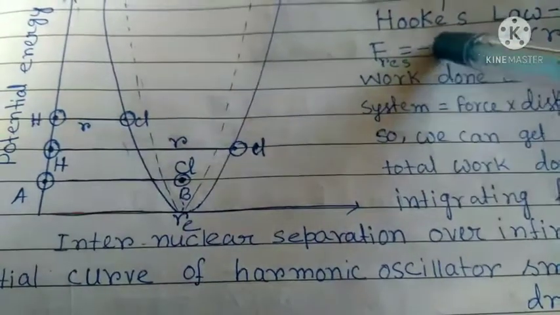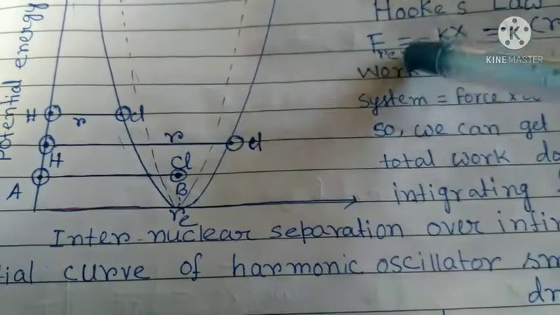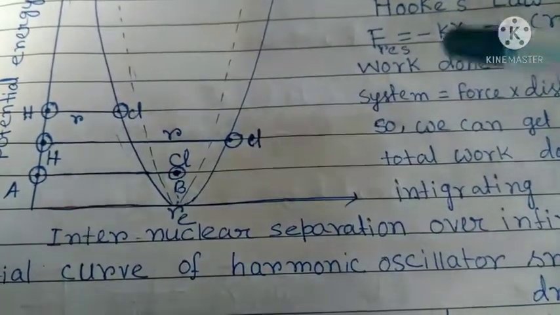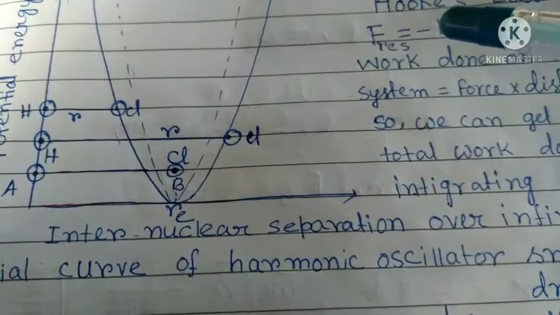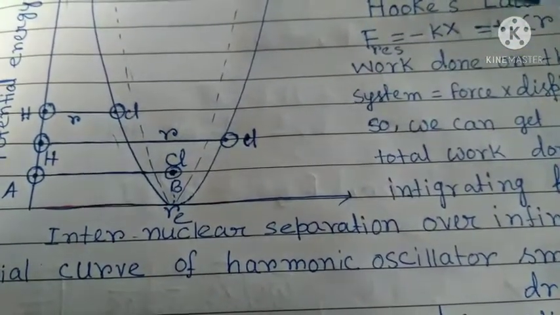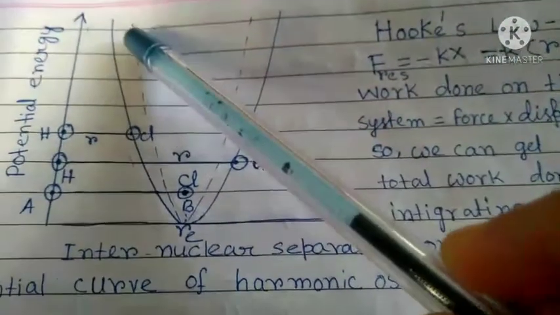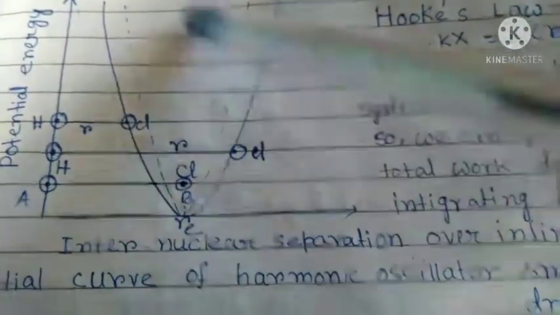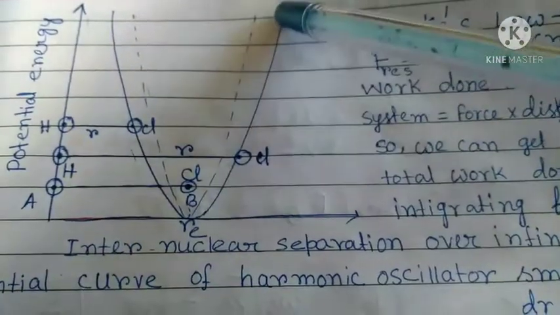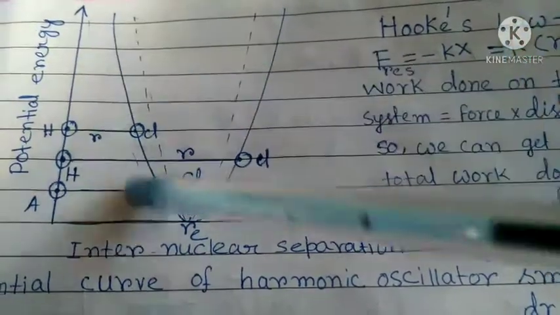And the higher the K, the stronger the bond between two atoms, and you need more energy to stretch or compress that particular bond. So if, suppose, for HCl this is the potential curve, for HF we will get a steeper curve.